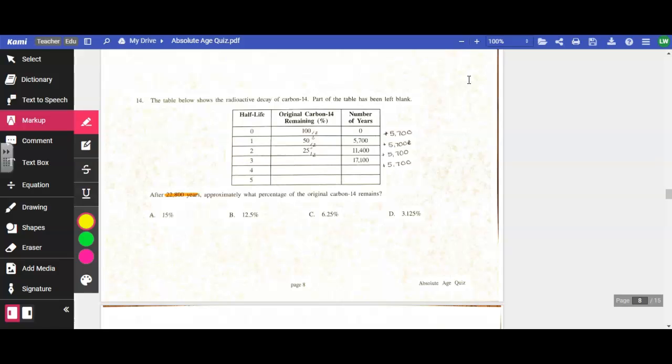So you can see the percentages up there, and at each line 5,700 years has passed, so you could manage to fill in the rest of this table by just adding 5,700. And when we're talking about the percentages, you can see it's divided in half, divided in half, divided in half. Okay, so at what point would you have 22,800 on this side? What would that percentage look like over here?